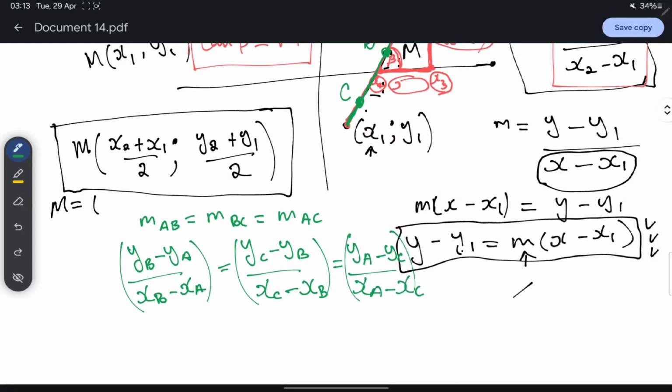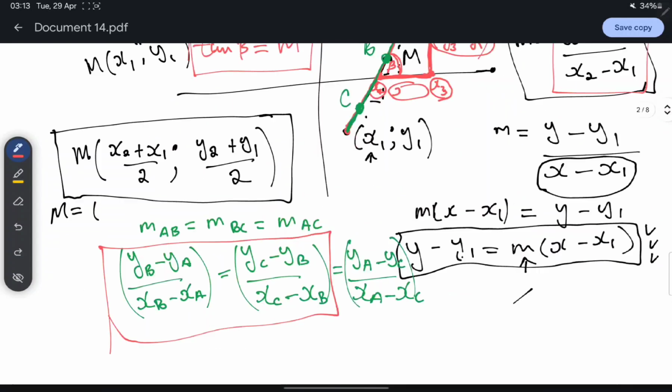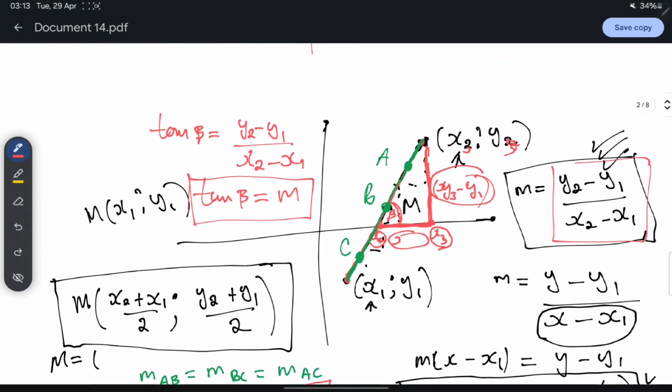If you are being told that points are collinear, you can use maybe the two. These points are collinear. Maybe these points are collinear. You use that idea. Alright.